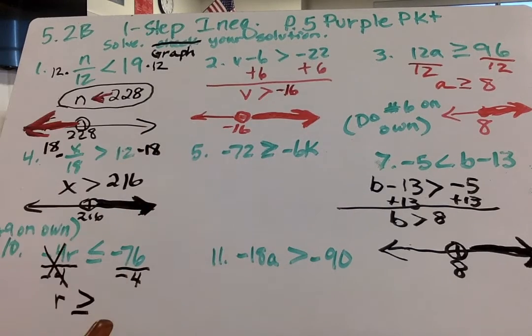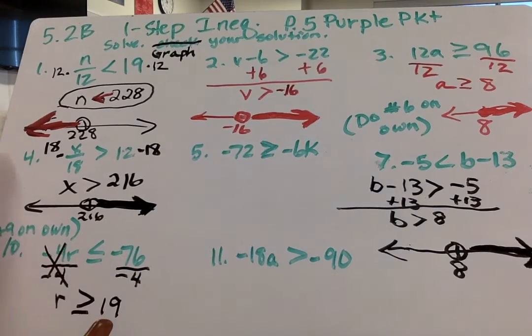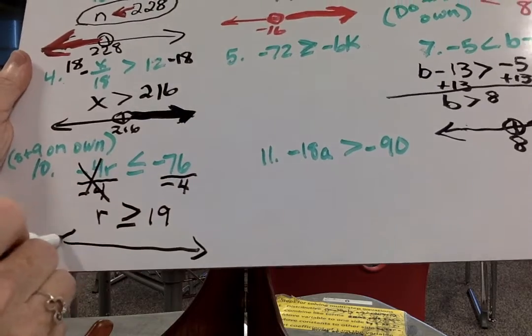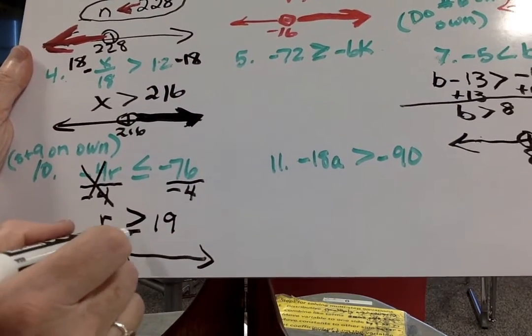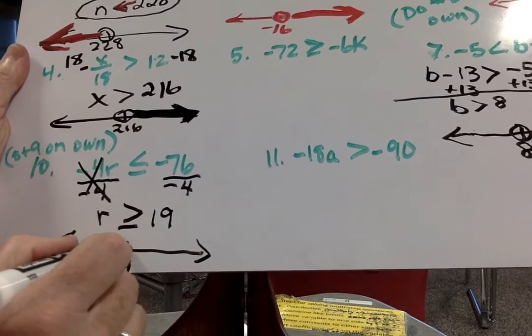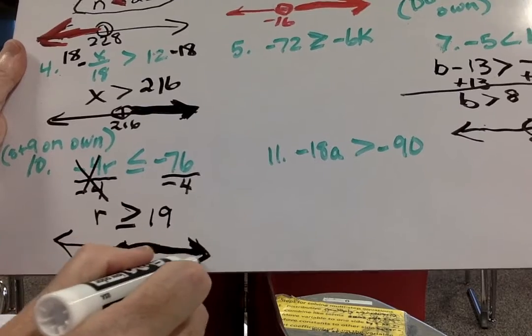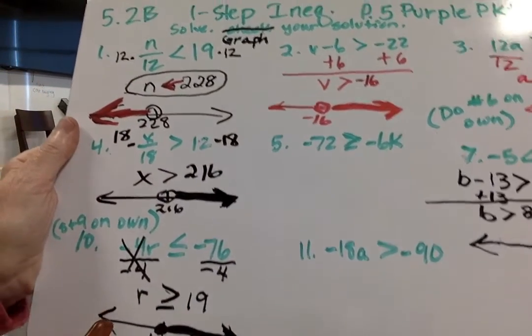So r is greater than or equal to 19. Okay, graphing that, open or close dot at 19. It's going to be a closed dot since it's got that line underneath, shading to the right. And there you got it.